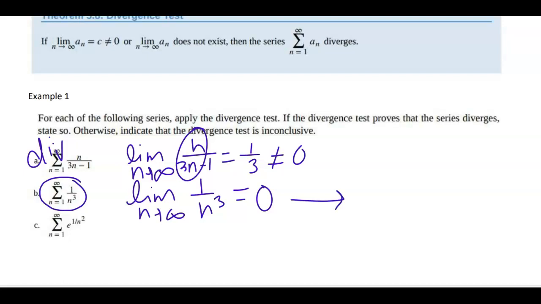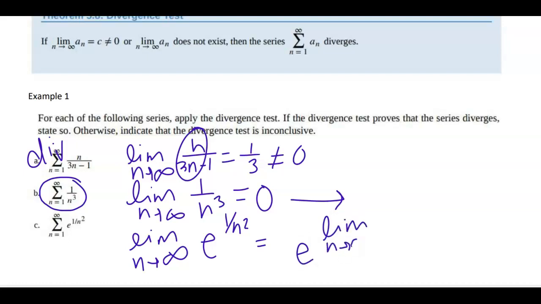All right, let's look at the limit as n goes to infinity of e to the 1 over n squared. Now using limit properties, I can take this to be e to the limit as n goes to infinity of 1 over n squared.